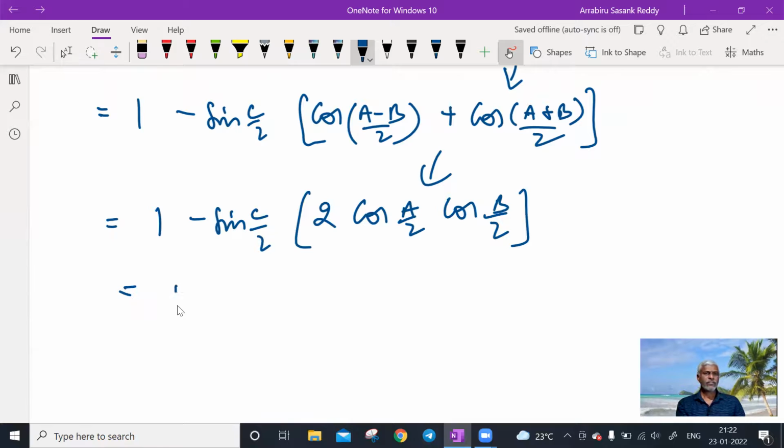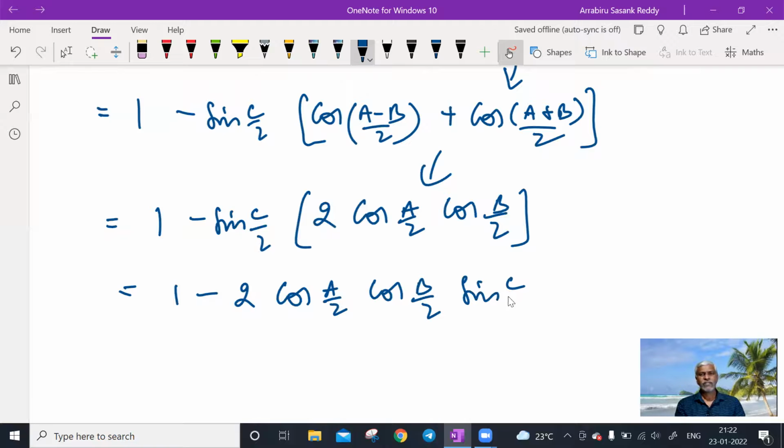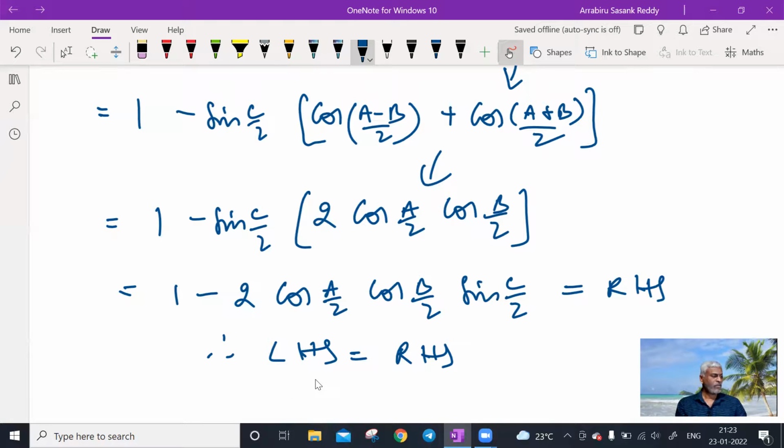Therefore this is 1 minus 2 cos a by 2 cos b by 2 sin c by 2. This is the required answer. So LHS is equal to RHS, hence it is proved.